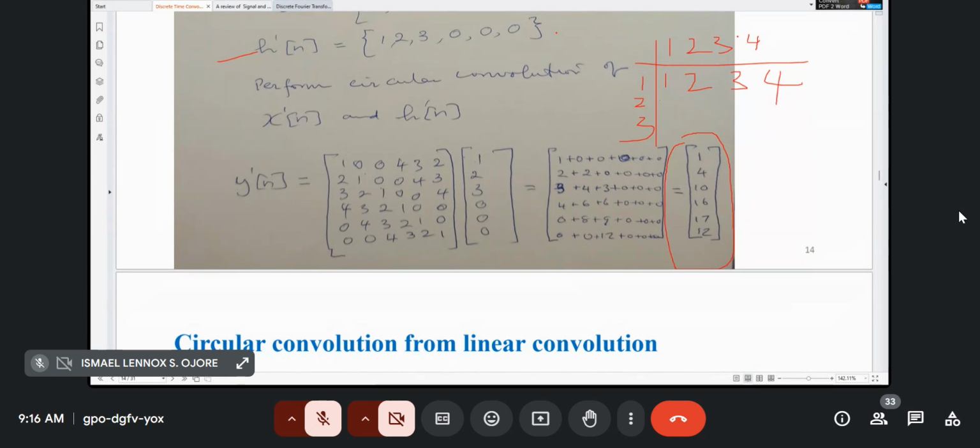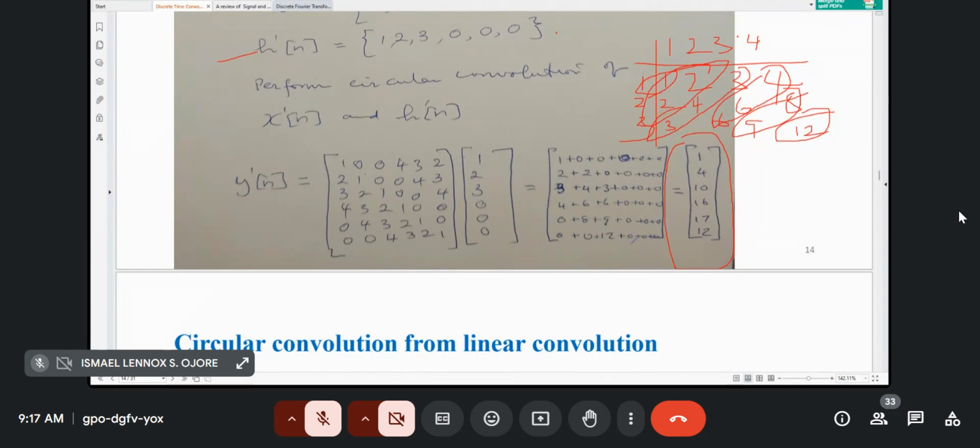This becomes 2, 4, 6, 8. And this becomes 3, 6, 9, 12. So that is 1, that is 4, that is 10, that is 16, that is 17, that is 12. We still got the same thing.